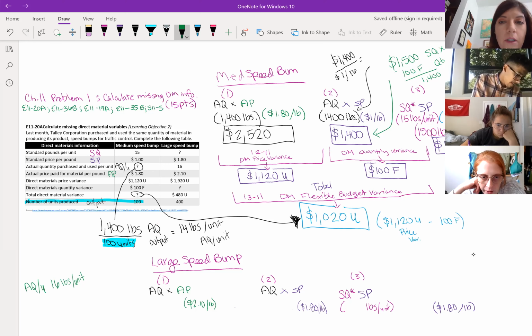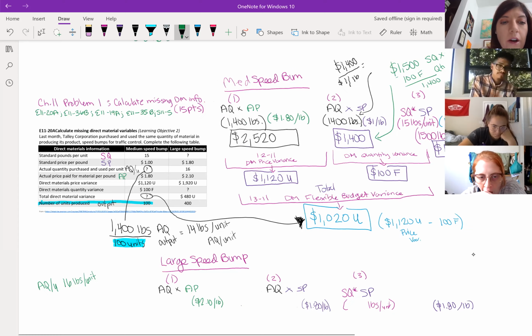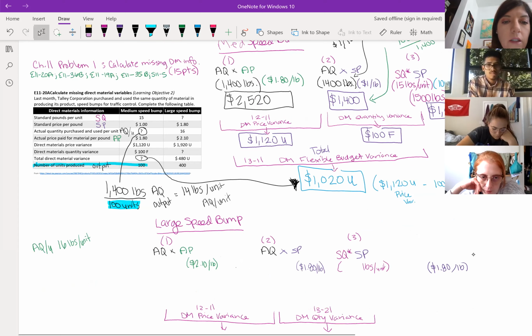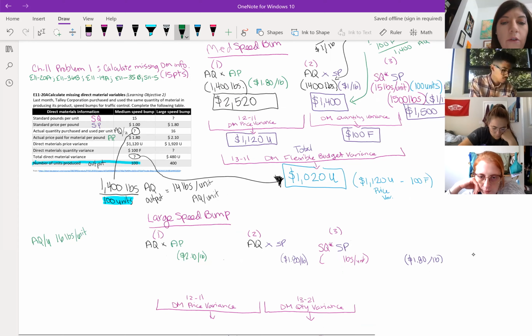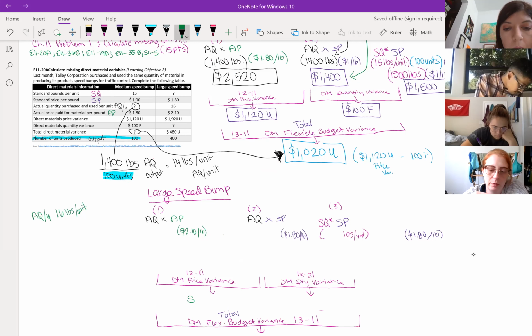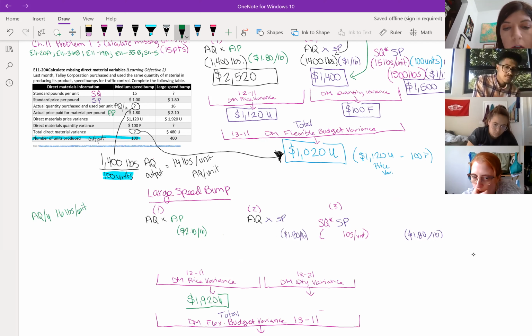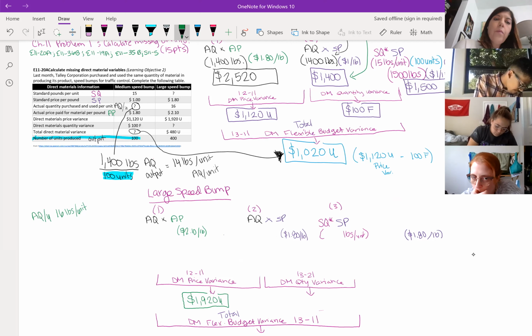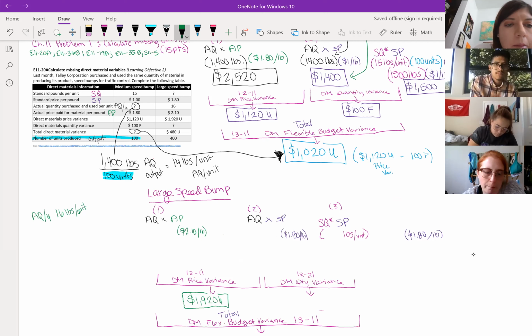The direct materials price variance is 1,920 unfavorable. So I'll plug it into the price variance. Direct materials quantity variance is a question mark.